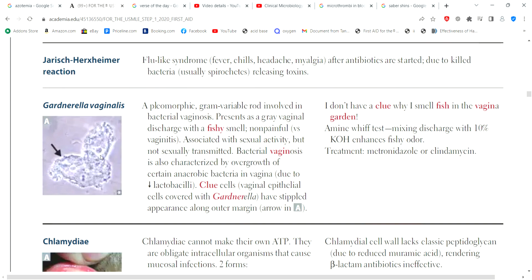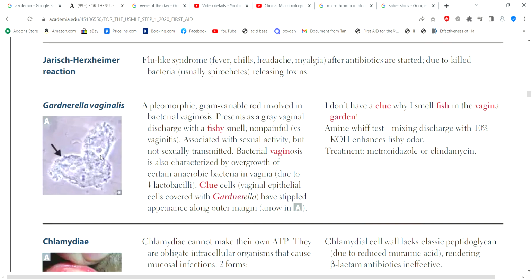Pleomorphic bacteria refers to the ability of an organism to alter its morphology and reproductive and other metabolic behavior in response to environmental change. So it just means that they change shape to better suit their environment. So Gardnerella is pleomorphic.